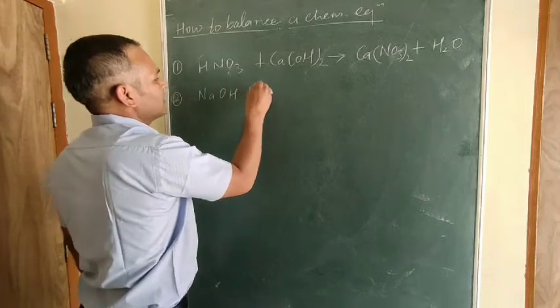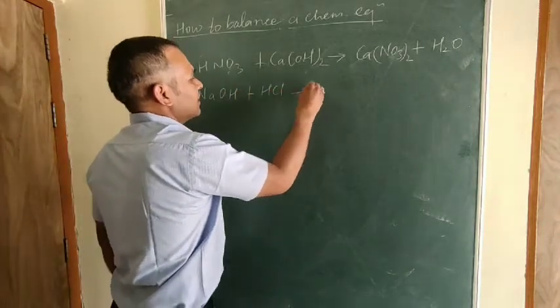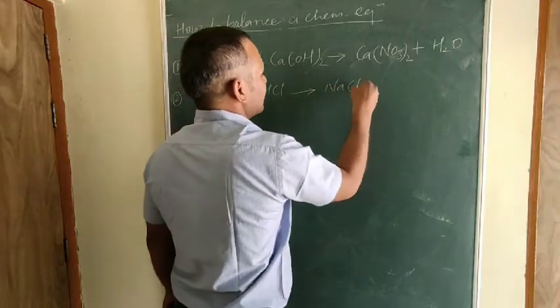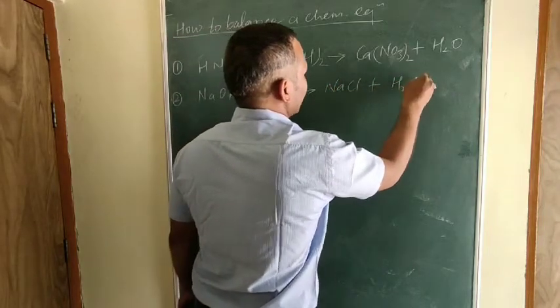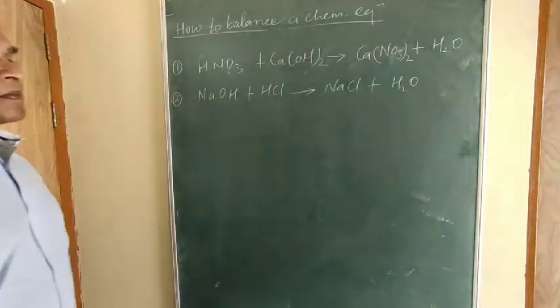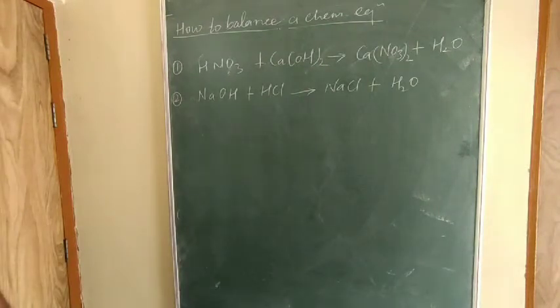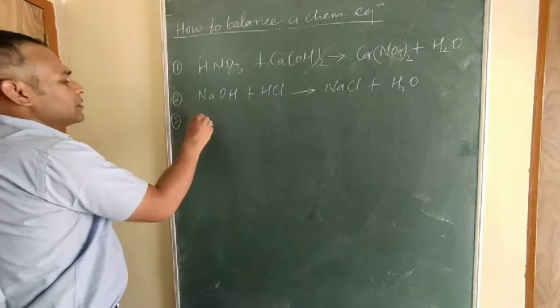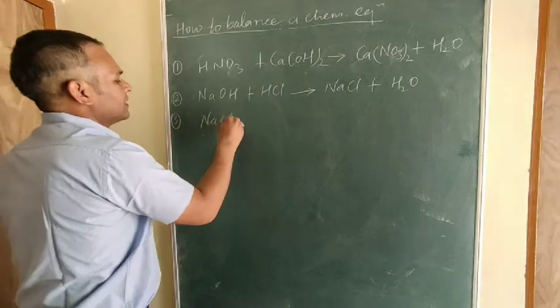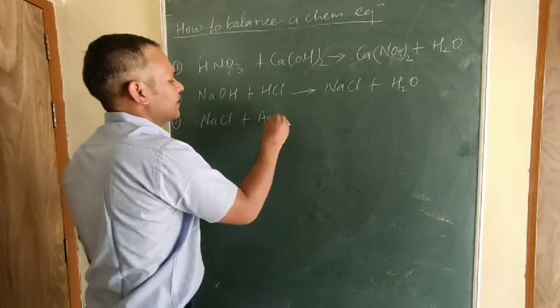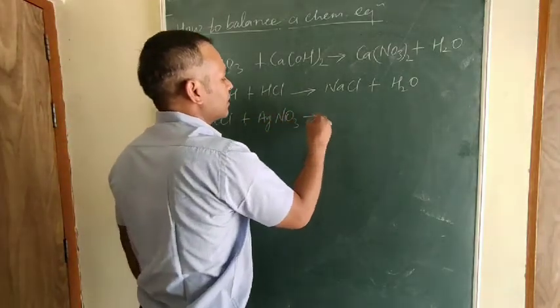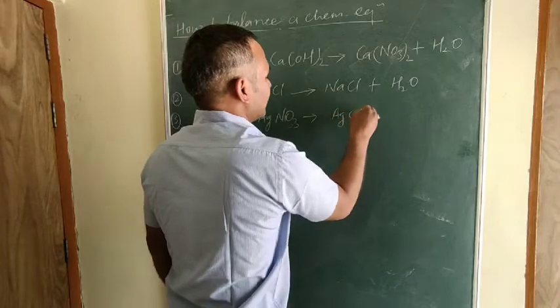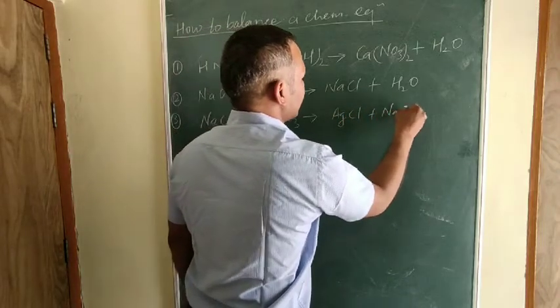NaOH plus HCl gives NaCl plus H2O. Another example, sodium chloride plus silver nitrate gives silver chloride plus sodium nitrate.